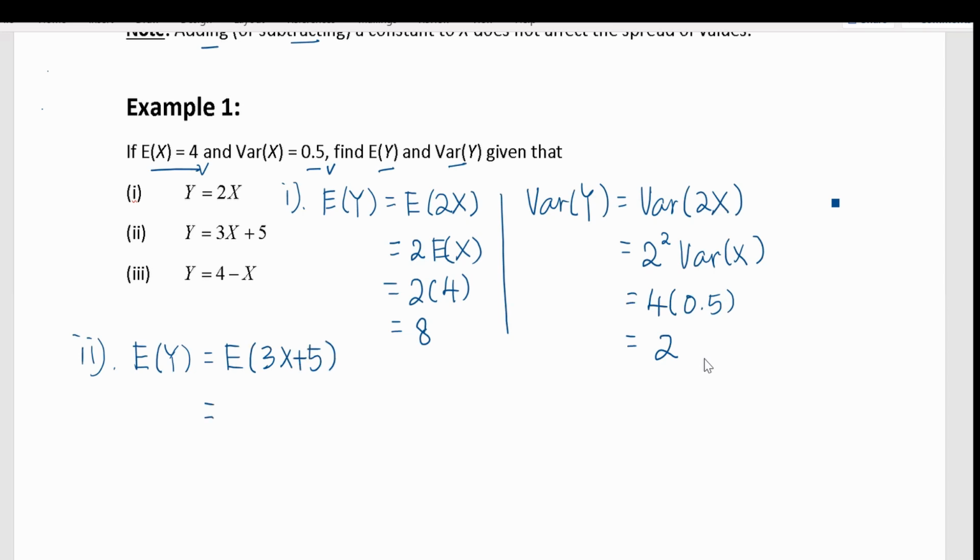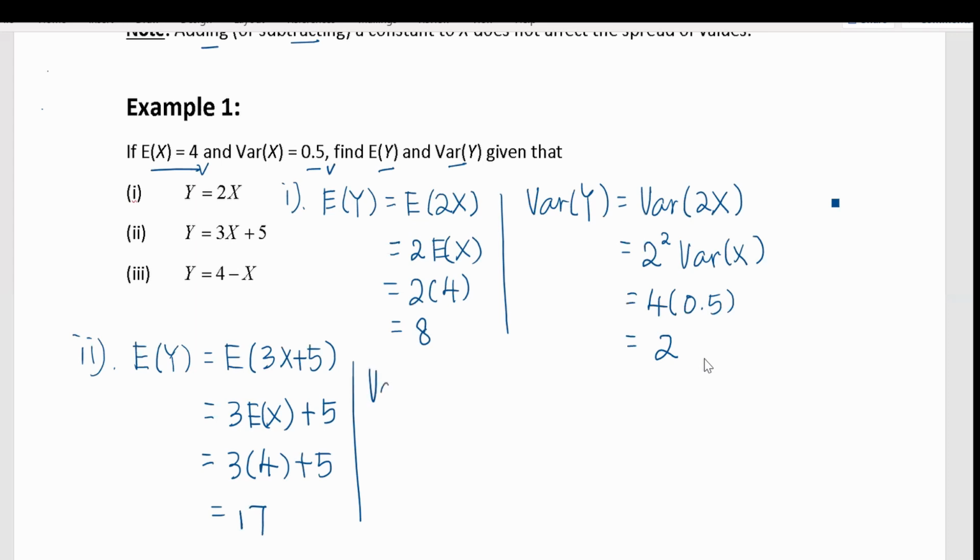The constant with X can be taken out, and then the constant plus 5 just stays. With the mean of X given, we will be able to calculate the mean of Y. All right, 17.